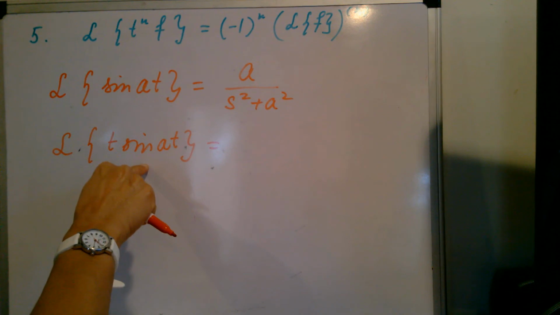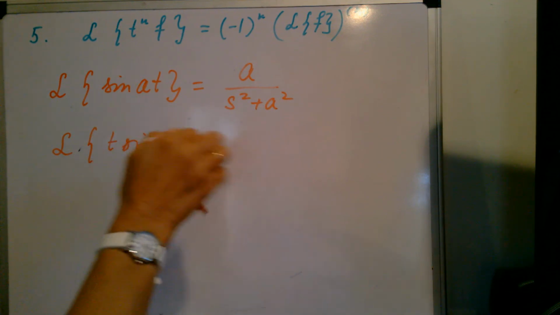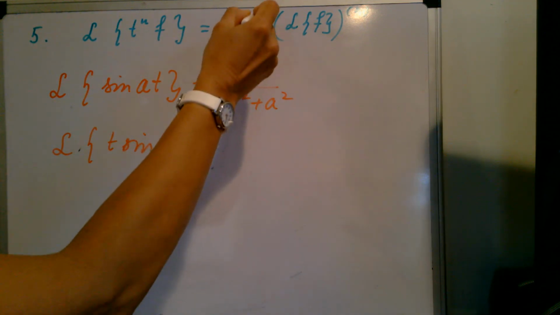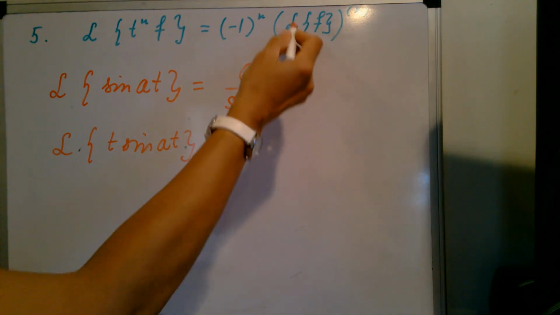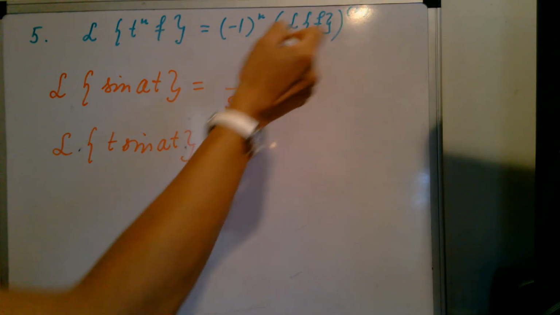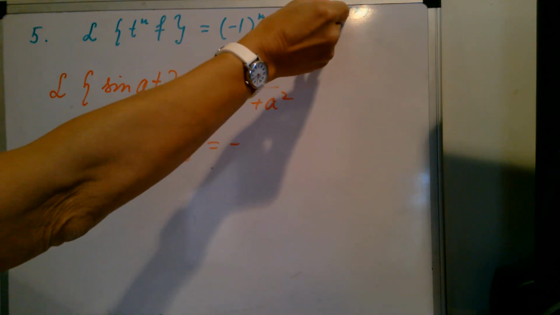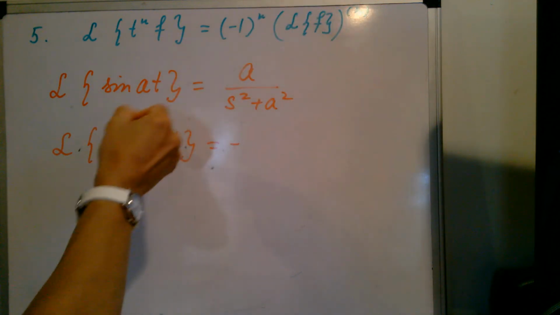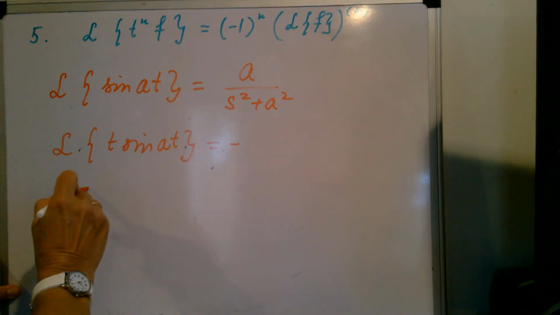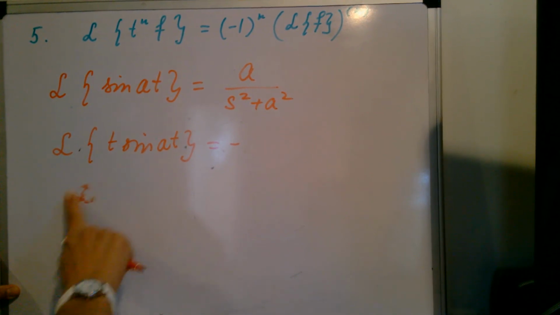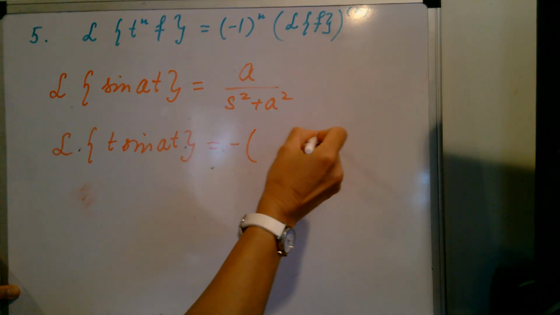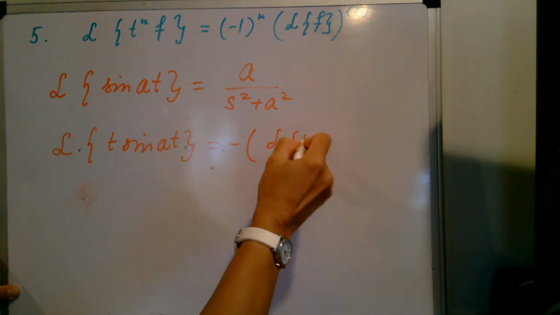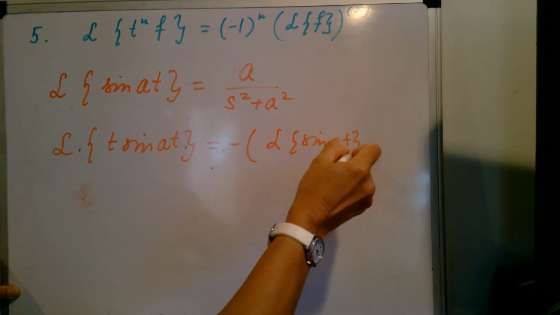That's t, and that's sine. We take minus 1 because that's the first power. And the Laplace transform is the first derivative. If this is 1 and this is 1, that's the first derivative of the Laplace transform of sine. What is the Laplace transform of sine? Let me write it down in one line. So I'll need the first derivative of the Laplace transform of sine of at.